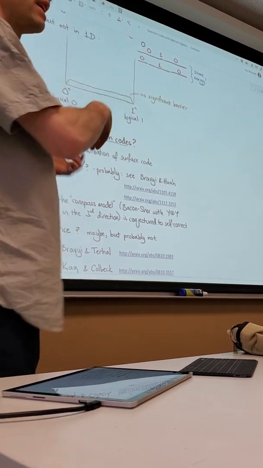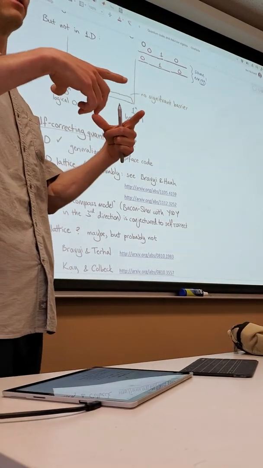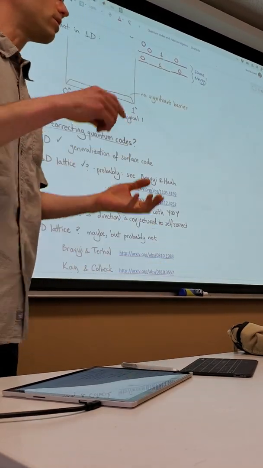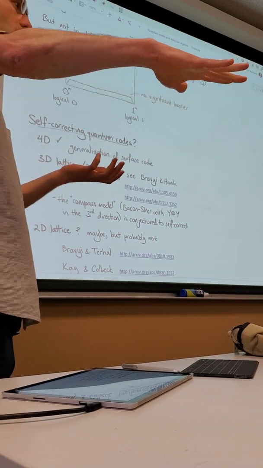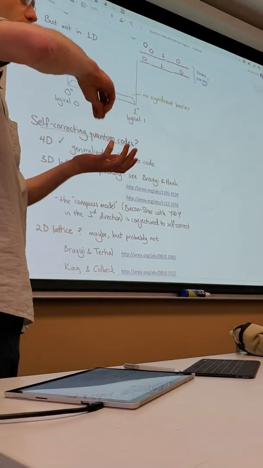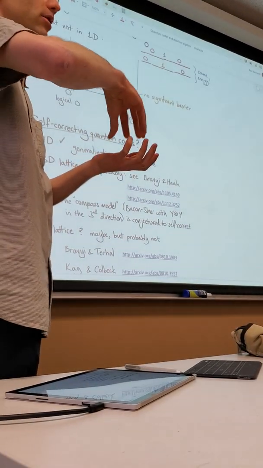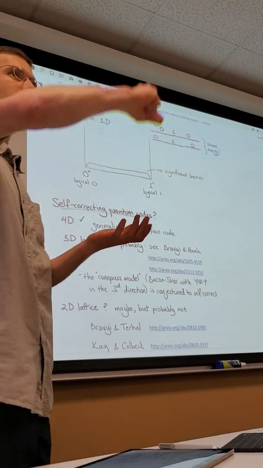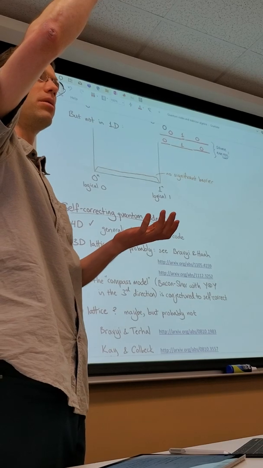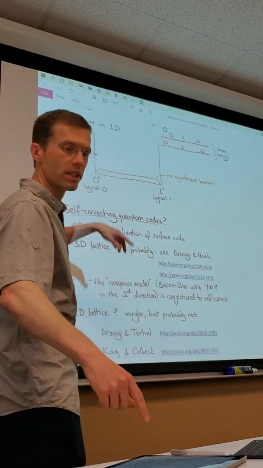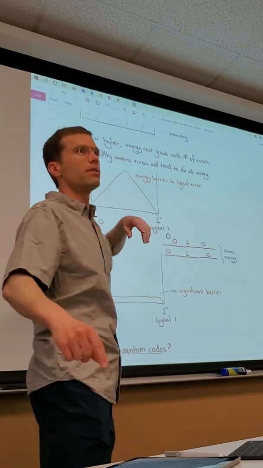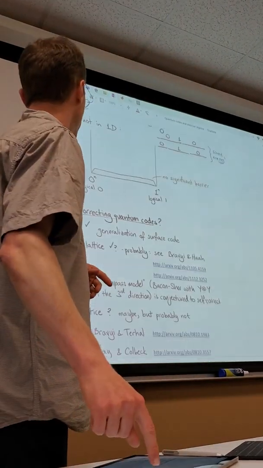Not in 1 dimension, because you can't do it classically, but say in 2 dimensions, such that to change from logical 0 to logical 1, to apply the Pauli operators that change you 1 qubit at a time, the energy penalty grows linear in the size of the system.